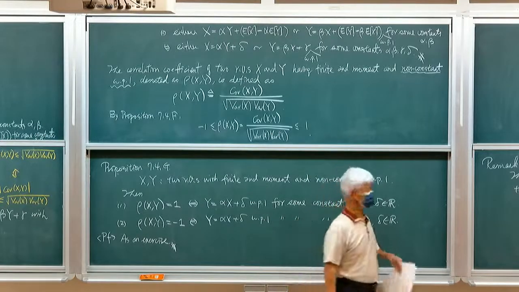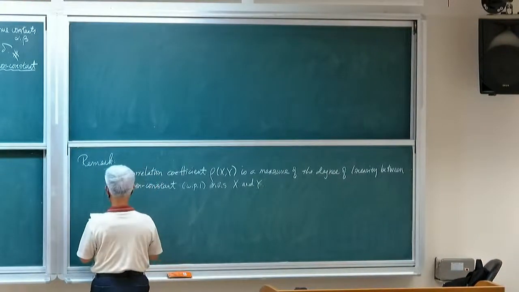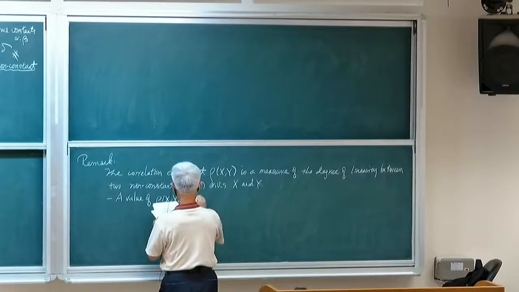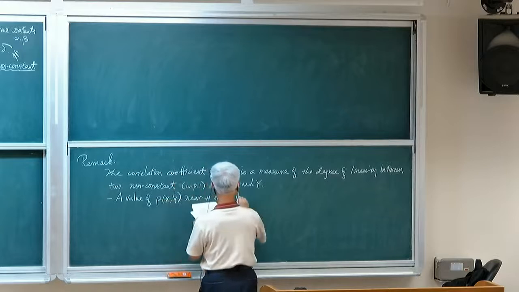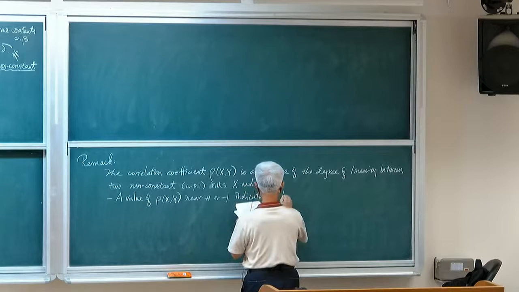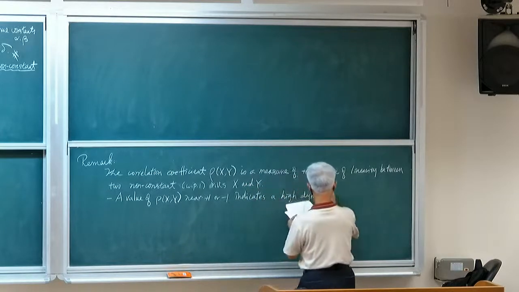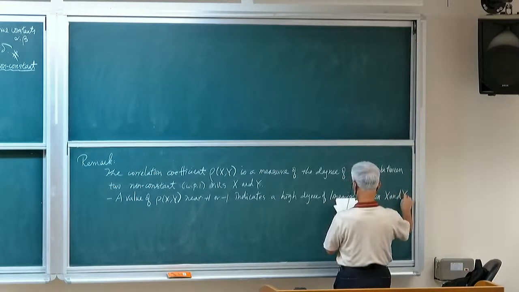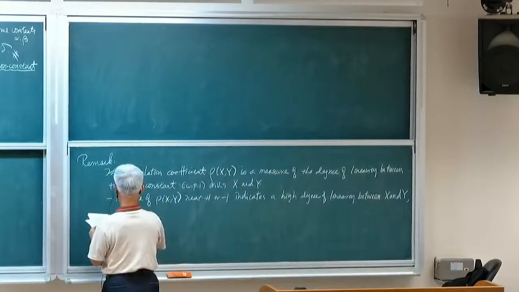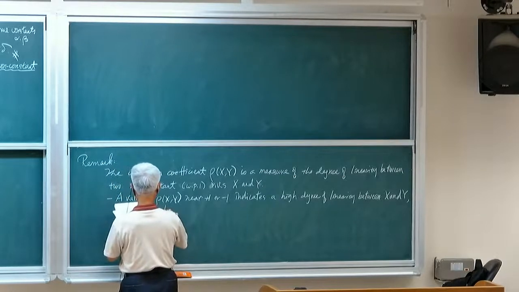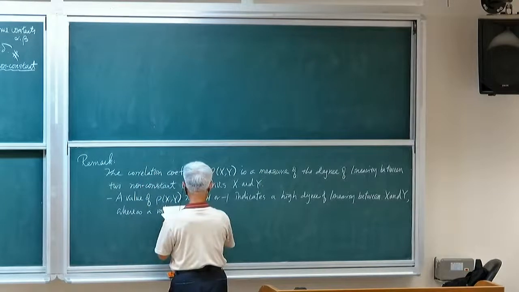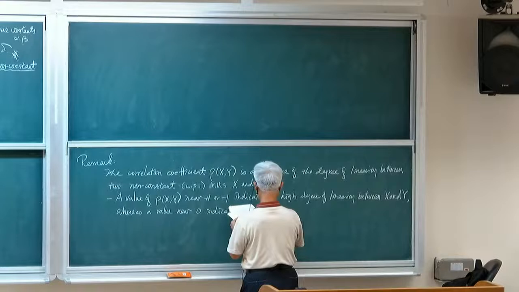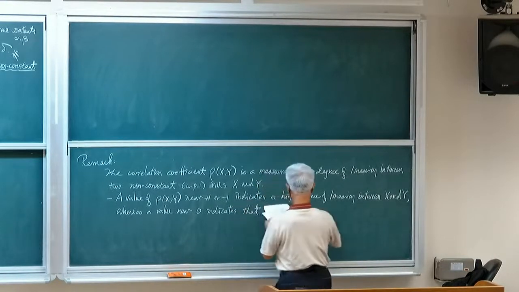Okay, so a value of rho XY near plus 1 or minus 1 indicates a high degree of linearity between X and Y, while a value near 0 indicates that such linearity is absent.